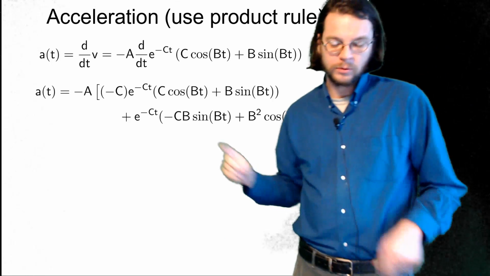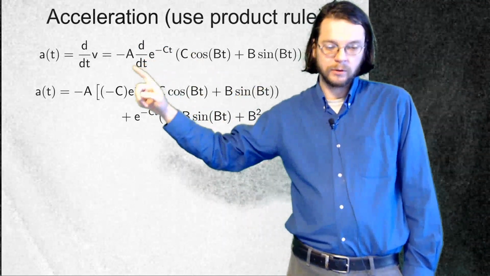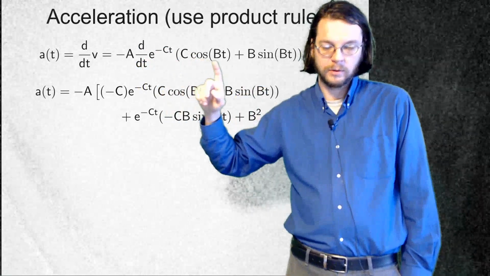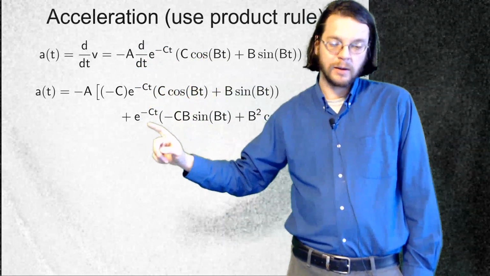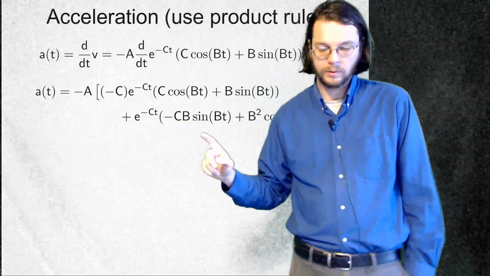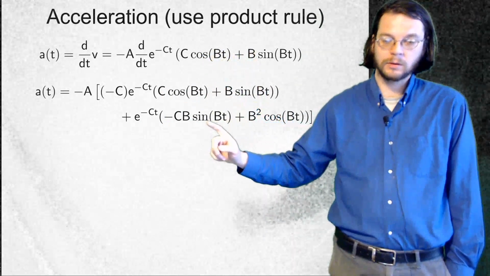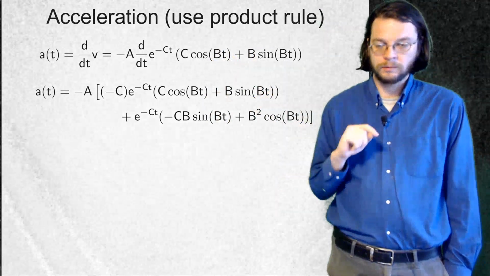So when you work this out, you do the product rule, you say, all right, the derivative of this thing times not the derivative of this thing, which is this one, plus not the derivative of this thing times the derivative of this thing, right? When we take the derivative of this thing, the derivative of cosine is negative sine, which is why that's there. The derivative of sine is cosine.